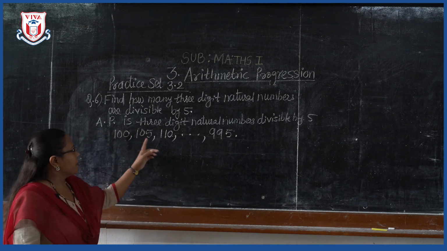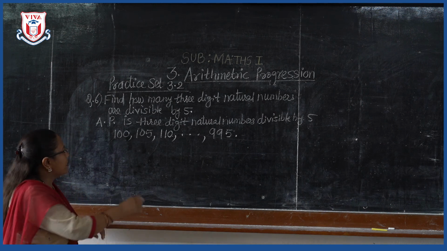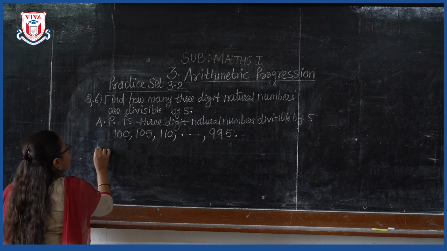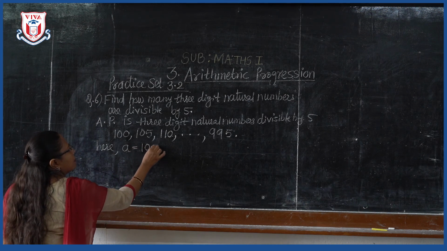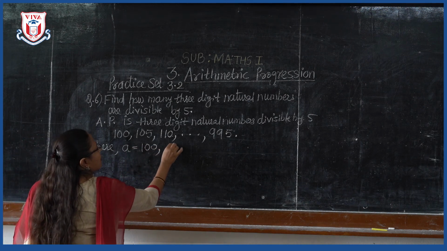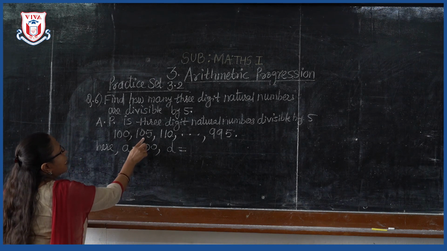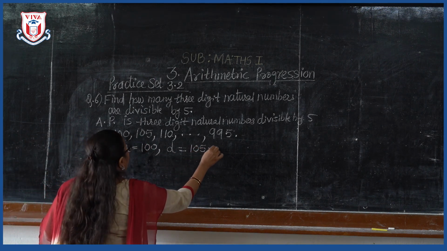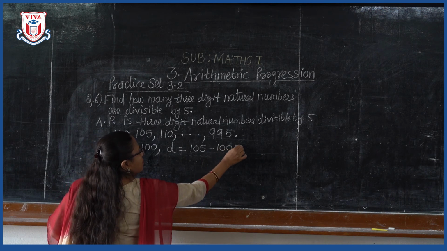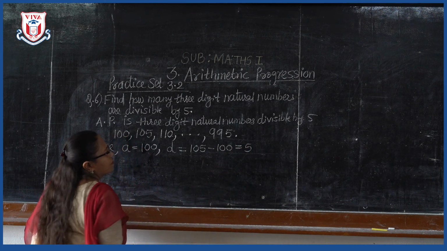So this is the AP. From this AP we get A equal to 100, and D is equal to second term minus first term, 105 minus 100, which is 5.